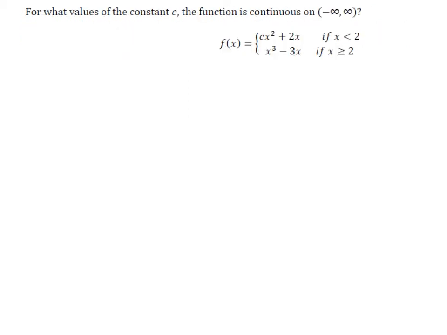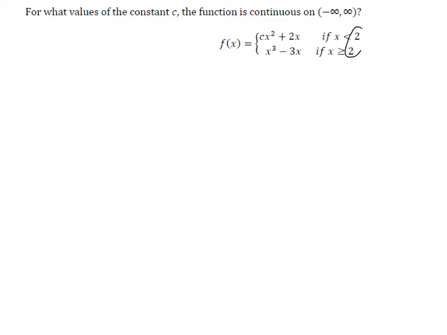The next question says, for what values of constant c is the function continuous on the real numbers from negative infinity to plus infinity. To do this one, we know that for the function to be continuous, it has to have the same limit left and right at every point in its domain.